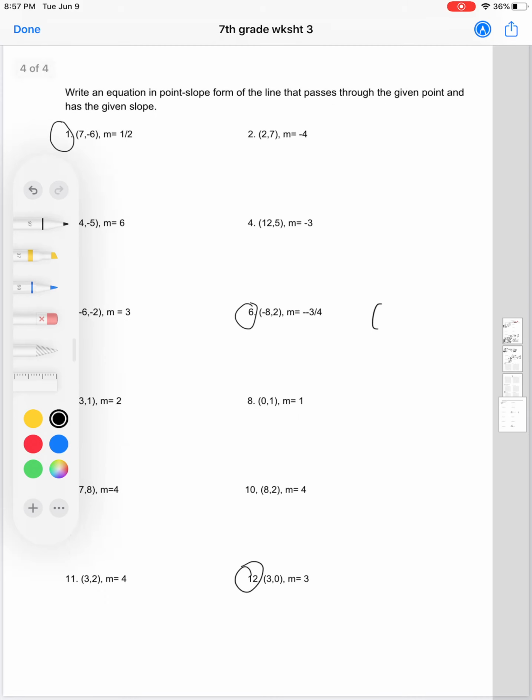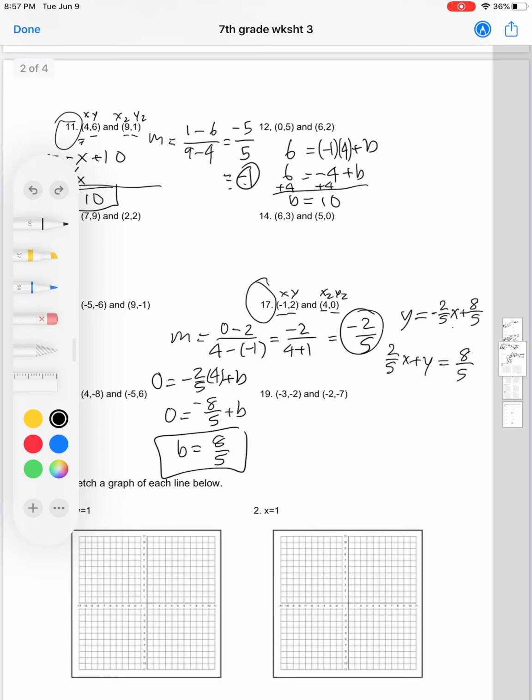So what you can do is multiply both sides by 5. 2x plus 5y, because 2 fifths x times 5 is 2x, and y times 5 is 5y. 5 times 8 fifths is 8. That's going to be your answer for number 17.